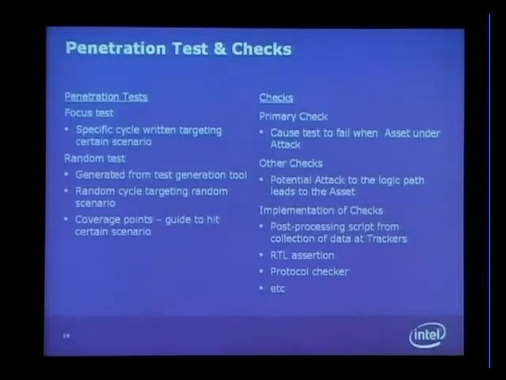This is to help us test more efficiently. Of course, we do not want to implement too many redundant checks. So we will selectively implement the checks at the places where a potential attack can happen to the logic path that leads to the asset.